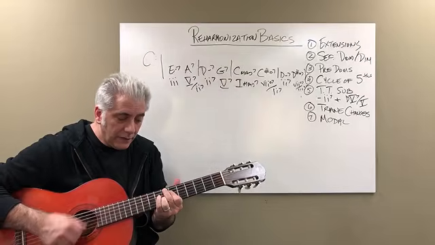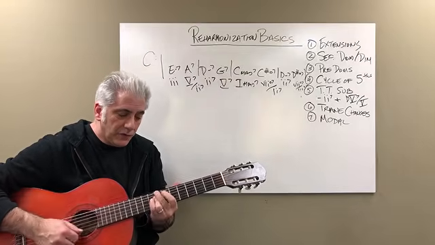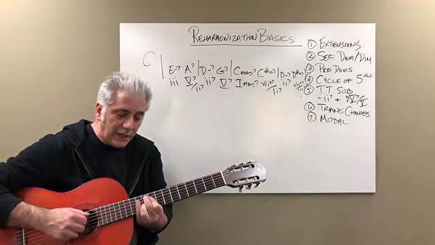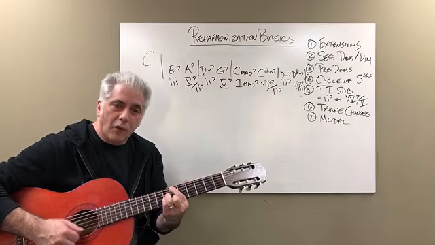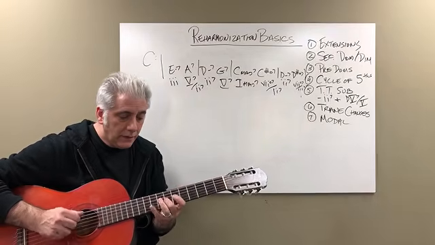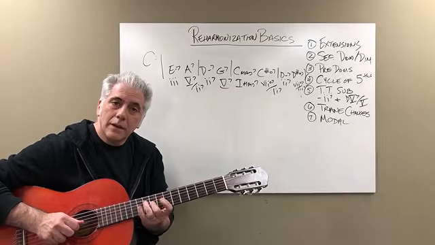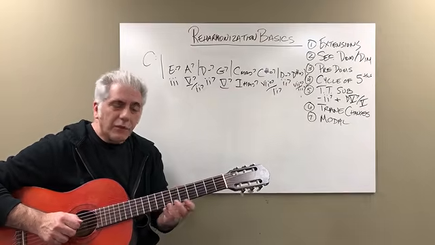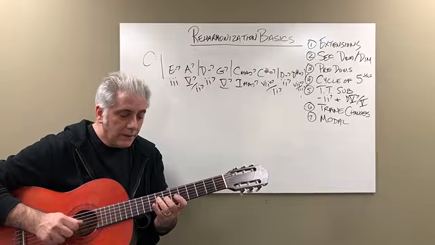So 1, secondary diminished 7 of 2, 2, secondary diminished 7 of 3, 6, 2, 5, 1. So that would be the kind of line that you'd play.